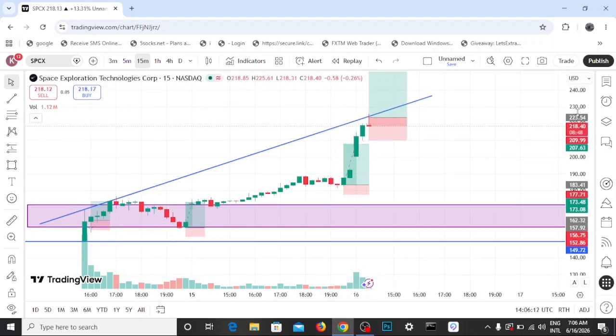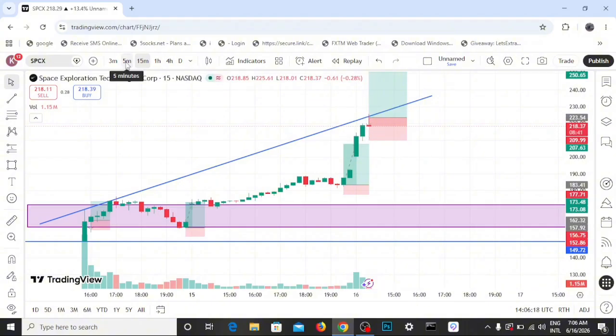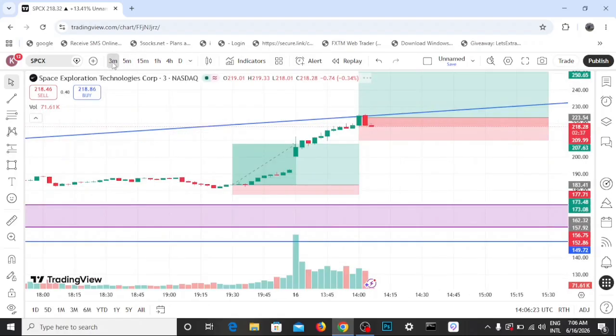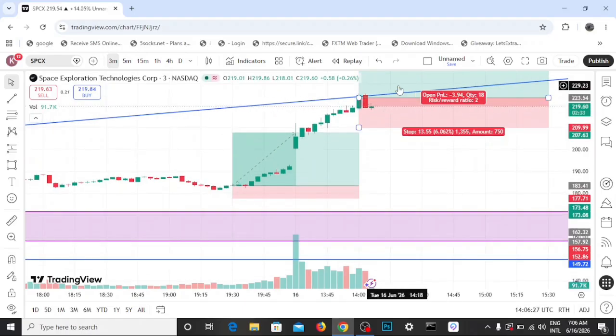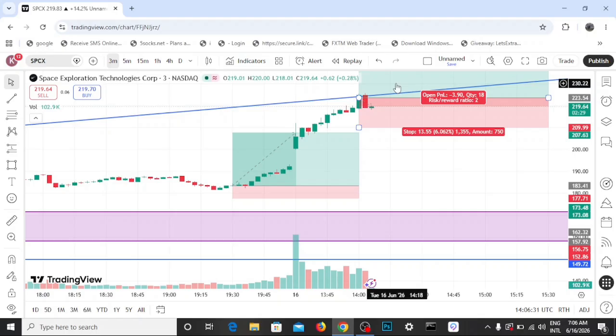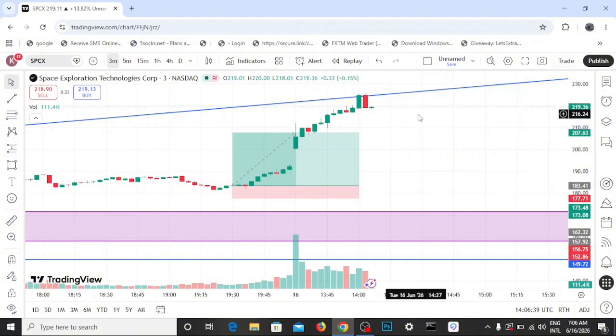You can see it's creating a very strong move. I could go to 5 minutes, go to 3 minutes. Alright, now this is a good sell position. It's looking like a good sell position. So good sell position, I'm just gonna watch.